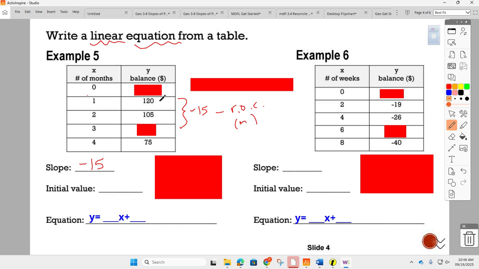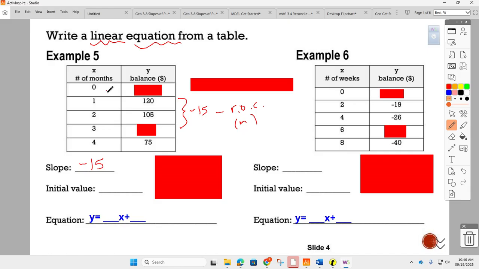So can we figure out what our initial value is? What is our initial value going to be? What is the balance going to be after 0 months? Well, we wrote that in our notes at the beginning. Your y-intercept, your initial value, is the y value when x is 0. In this real world problem, if x is 0, that means that's the beginning, right?